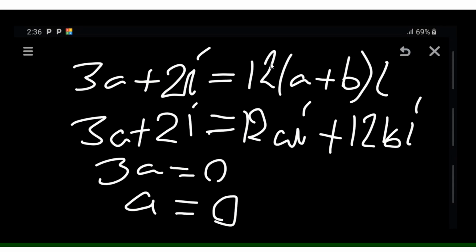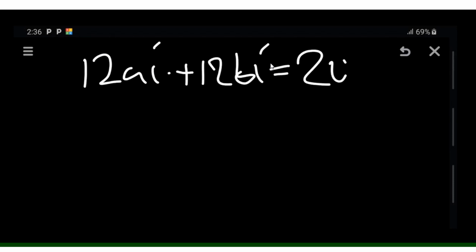Now we come to this part. This part we are equating to the imaginary part. So I'm getting 12ai plus 12bi is equal to 2i. Since my a is 0, where there is a, I'll put a 0 for simpler solving.